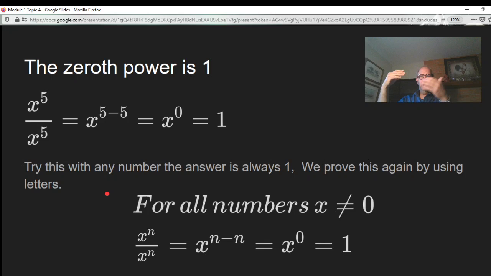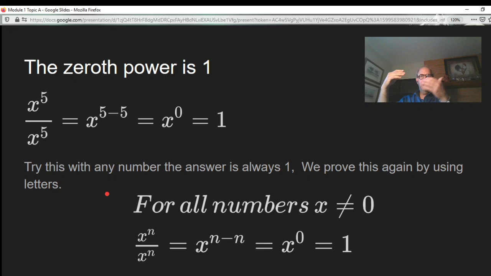Anytime you divide a whole number by the same whole number, or a fraction, or a decimal, or any real number, you get 1. So for all real numbers, as long as the number is not 0 and you're not dividing by 0, that number to a power divided by that number to the same power equals 1.